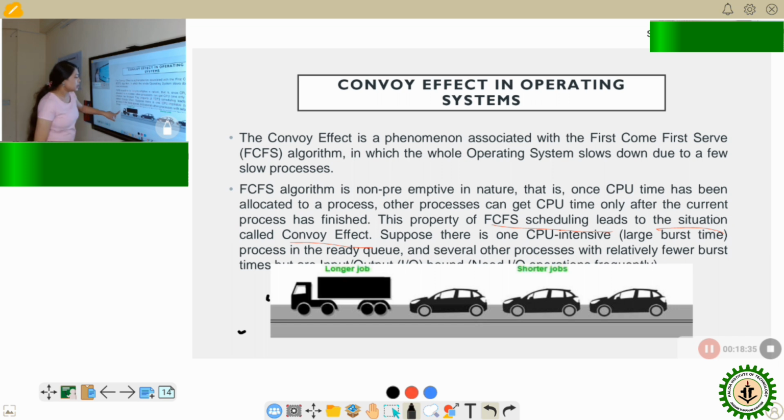In the image, you can see this is a longer job and these jobs are shorter. If you execute the longer job in the CPU, it takes a lot of time, so these shorter processes have to wait for a longer time.